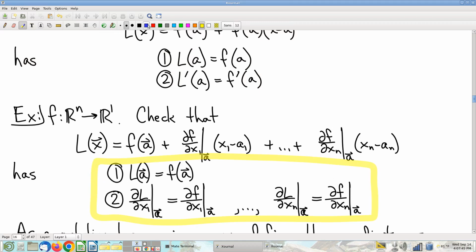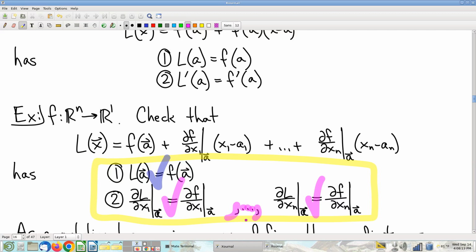Notice this says I want my function L to have the same value as f at whatever the point A is. And notice down here, these are saying I want L to have the same partial derivatives as f at the point A. Now there's several, right? Functions have several partial derivatives because there's several variables with respect to which you could take partial derivatives.